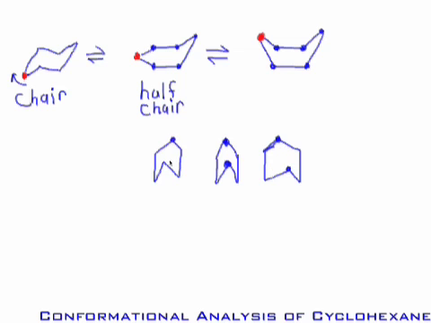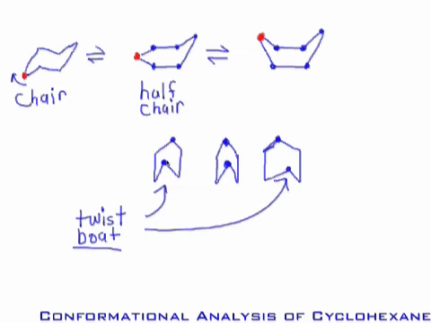Now, these two outer ones are referred to as twist boat conformations, where the peaks don't line up.